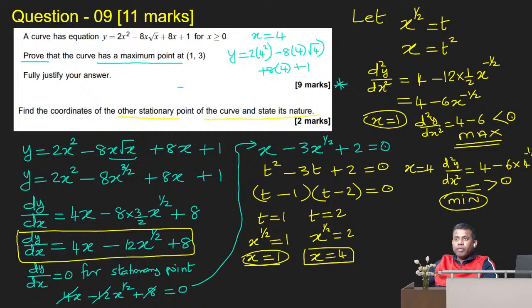You can use the calculator to find out. 4 squared is 16, times 2 is 32, minus 8 times 4 times root 4, which is 2, gives 64, plus 32 plus 1. So 32 and 32, the 64 cancels, so plus 1. So x equals 4 and y equals 1. So 4 comma 1 is the minimum point, and for x equals 1, this is the maximum.